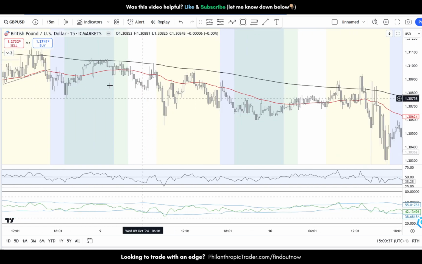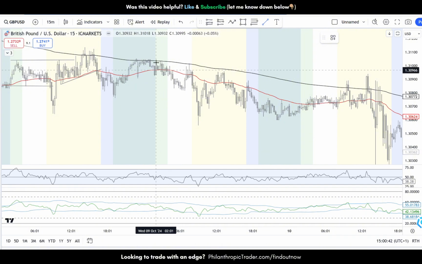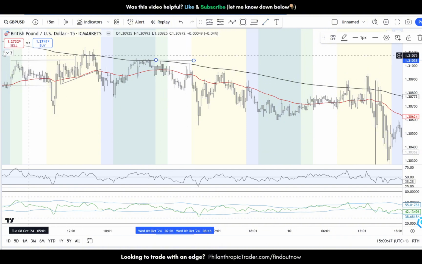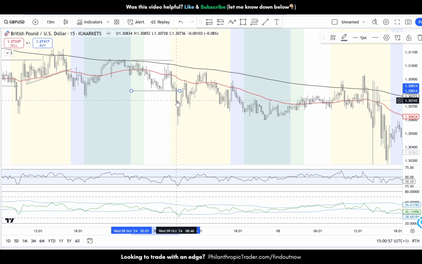Let me show you the last one over here. Not the last one, because I also want to show you another example. So this was our Asian range. All right, so we see London session, it's still in the range until we see a break.